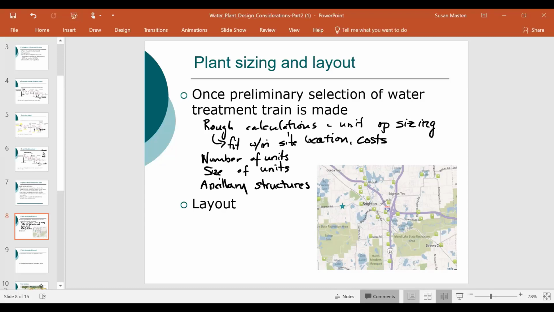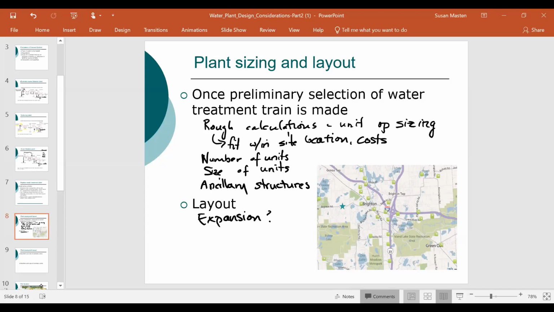One of the things you want to think about is if you need to expand the plant, do you have enough land to do that? So for instance, the East Lansing plant, that is off of Bertram Road, was actually designed so that if the population increased as they anticipated back in the 1970s when they first built the plant, they could build a mirror image plant.